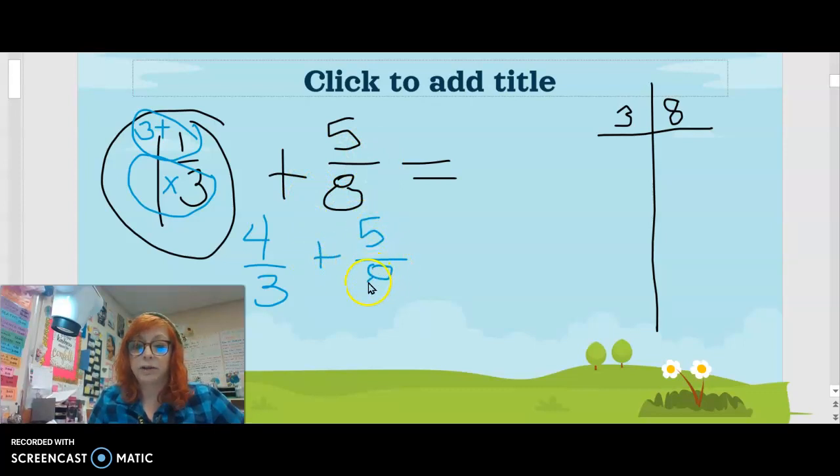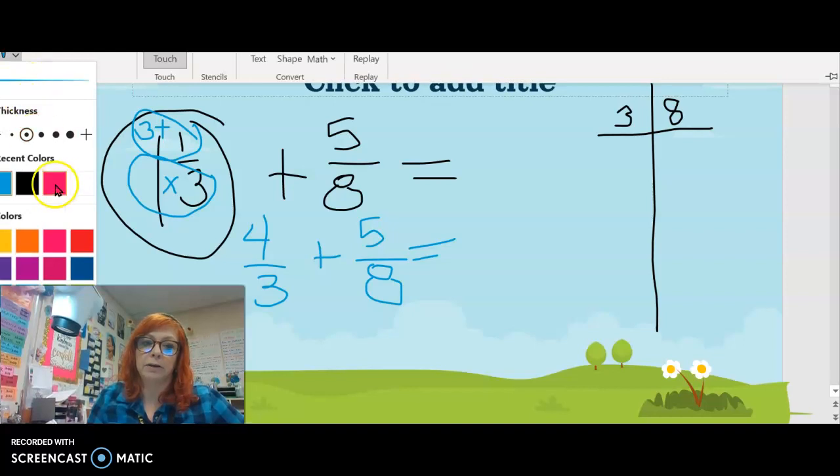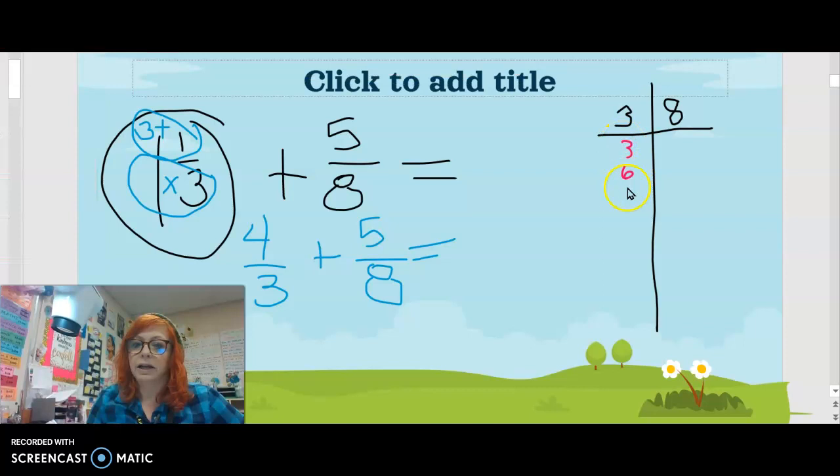Okay, so once I get to this point, that's when I can come over here and find my least common multiple. Okay, so 3, 6, 9, 12, 15, 18, 21, 24, 27.